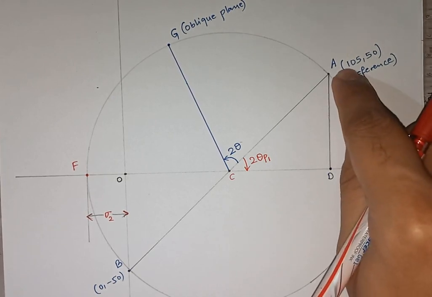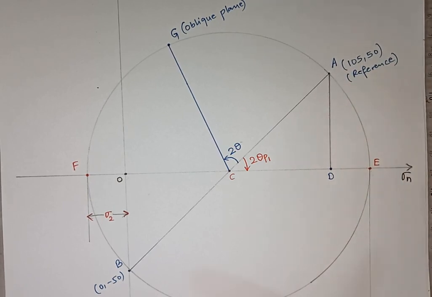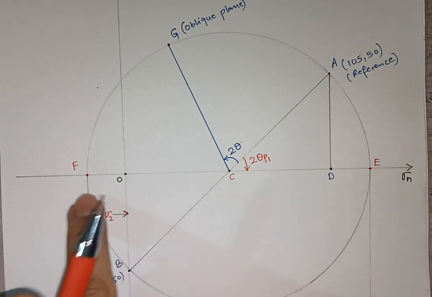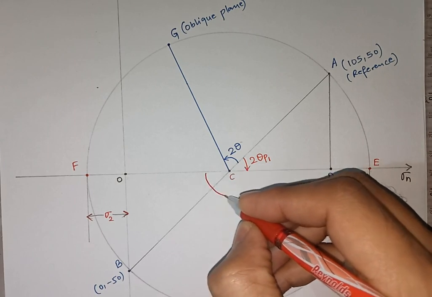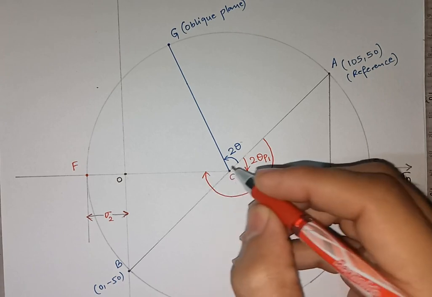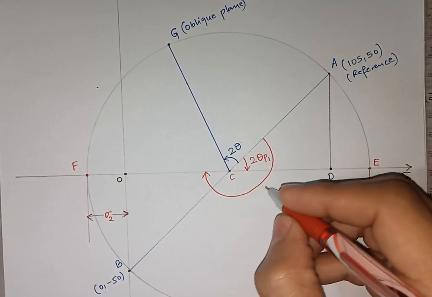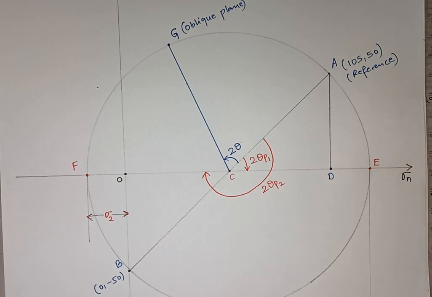From the same reference plane, I need to go for second principal stress, which is sigma 2, that lies on CF, right? So this angle in this direction is 2 theta P2. So that is the angle.